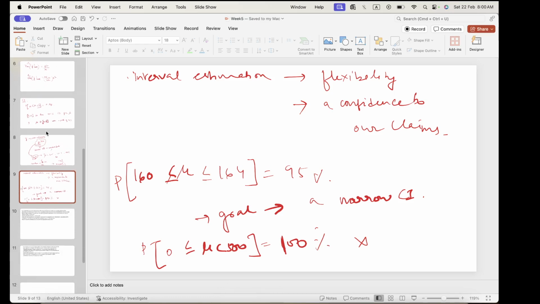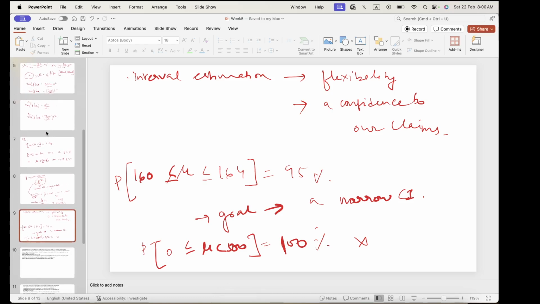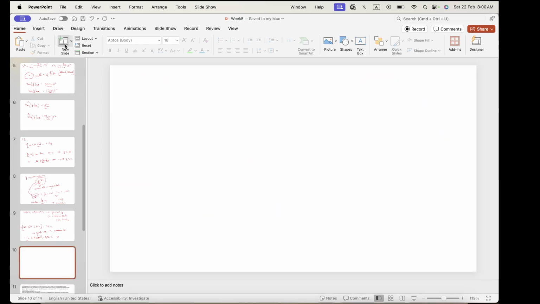So in the context of confidence intervals, what do we write and what do we not write when talking about sampling techniques?